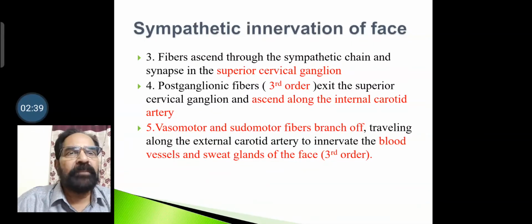Then the postganglionic fibers, third order, exit the superior cervical ganglion and ascend along the internal carotid artery. Whereas the vasomotor or pseudomotor fibers that branch off travel along the external carotid artery to innervate blood vessels and sweat glands of the face.